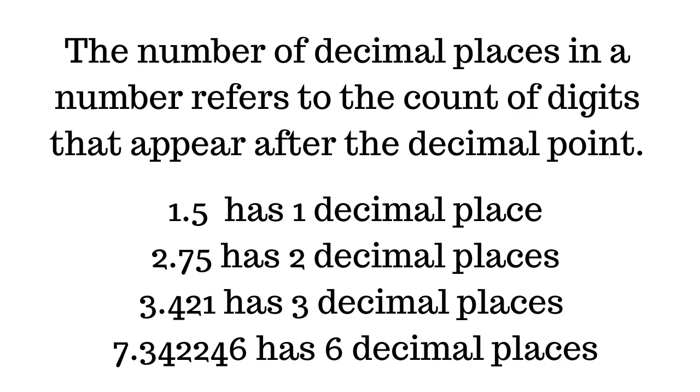The number of decimal places in a number refers to the count of digits that appear after the decimal point. So after the decimal point, you simply count the digits after the point.